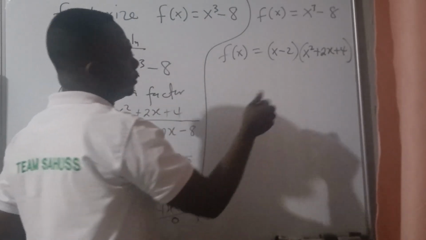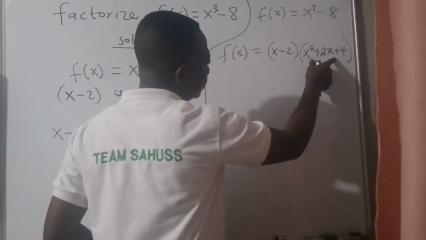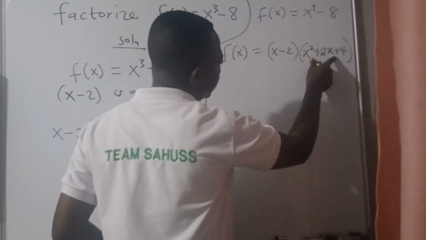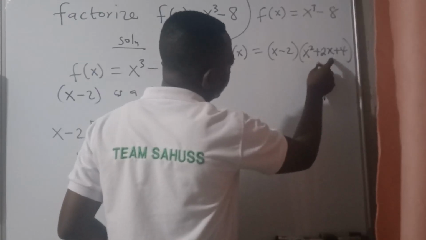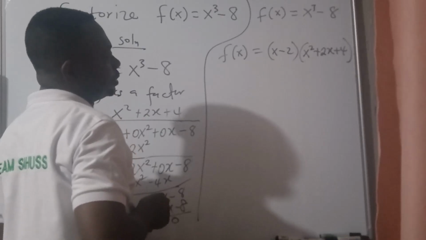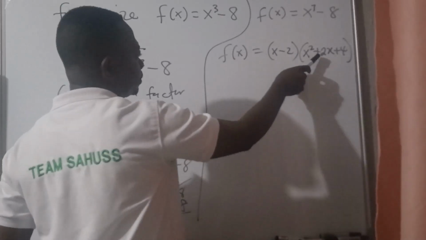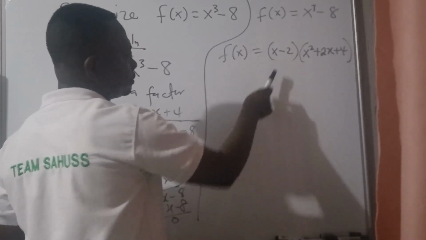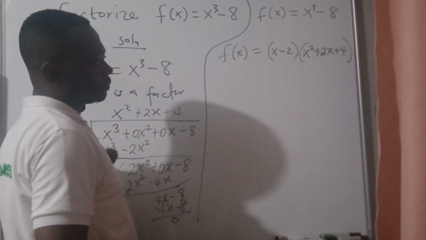Now, if you want to get more factors, I think there's no way we can simplify this one further. So we end it here. This one has been factorized. Okay, that's that.